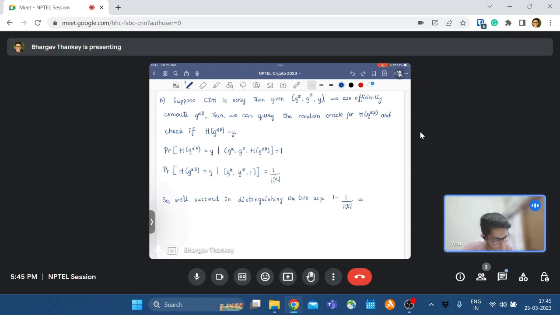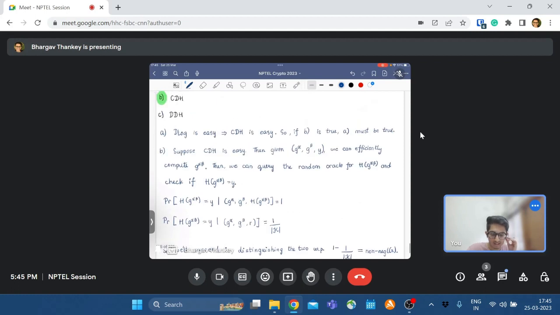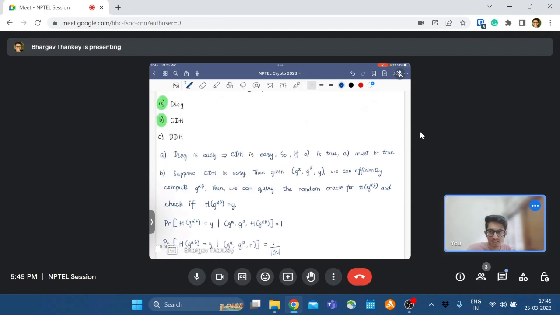Rather, it's non-negligible. Yeah, so if we can solve CDH, then we can easily distinguish between the two scenarios. So CDH must be hard, and therefore D log must be hard. Is this fine? Yes, sir.